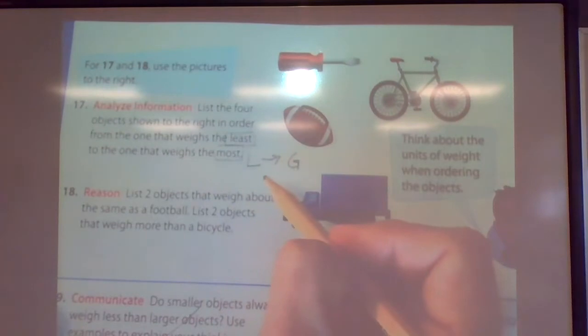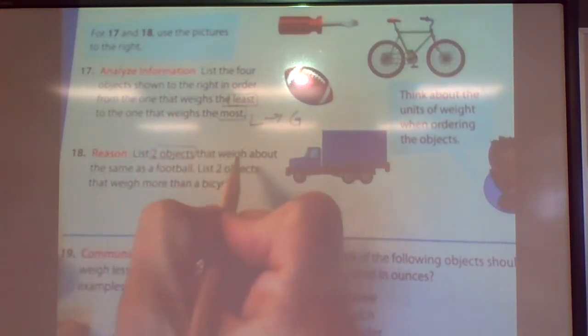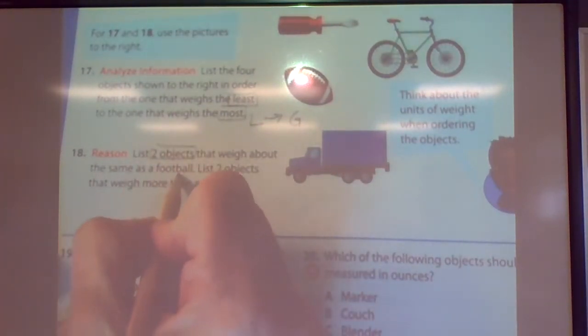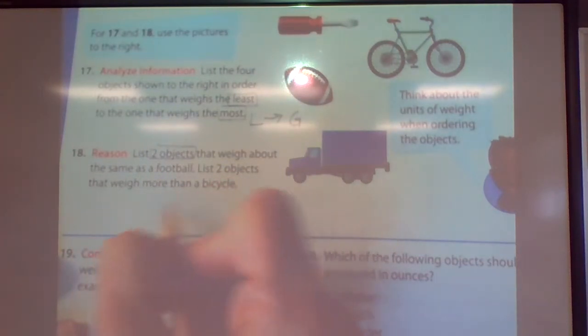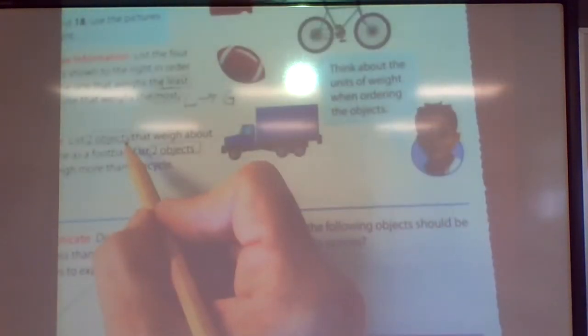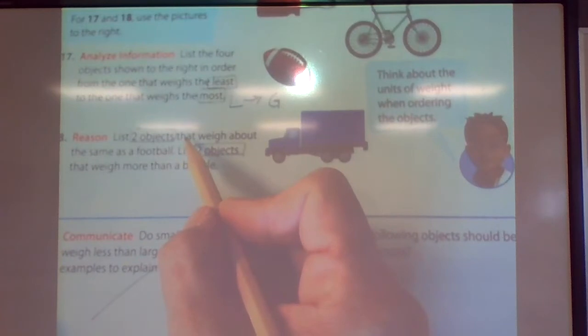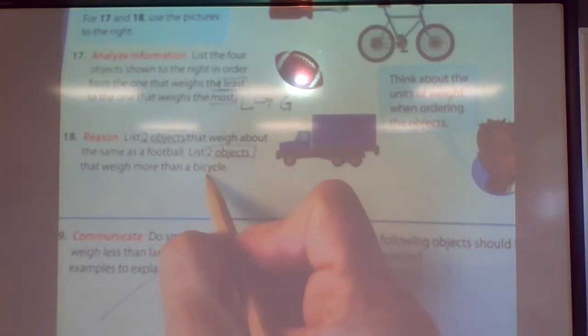Then on number 18, it says list 2 objects that weigh about the same as a football, and list 2 objects that weigh more than a bicycle. You're going to use your own objects that you can think of.